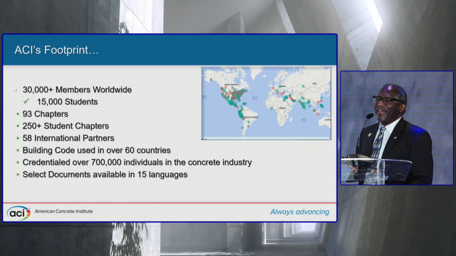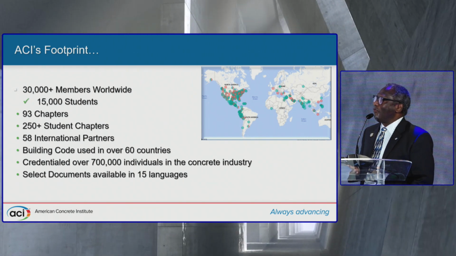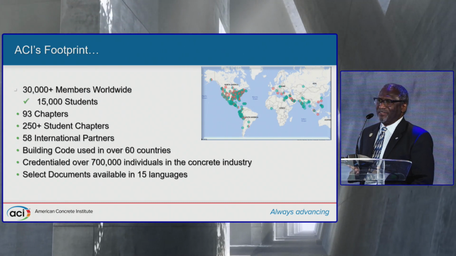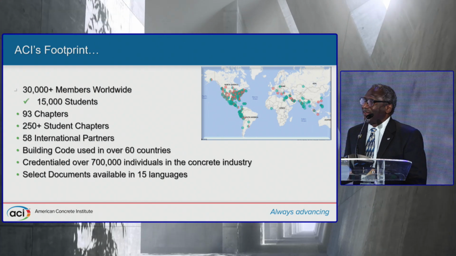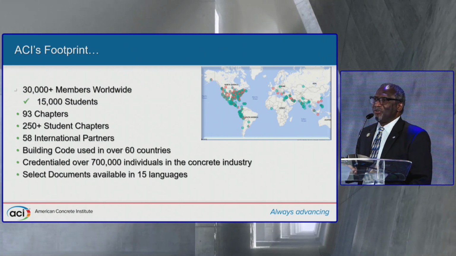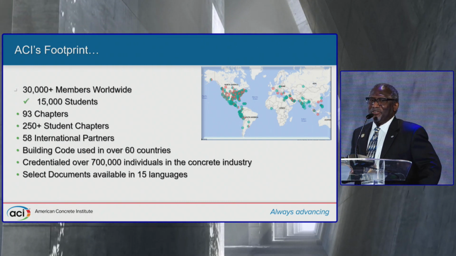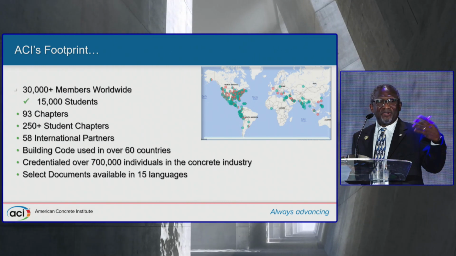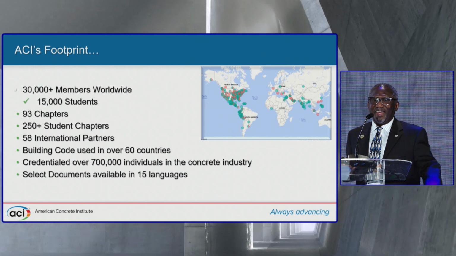ACI has over 30,000 members worldwide, and we also have over 15,000 students. We have 93 chapters all over the globe, and also over 250 student chapters. So for me, this week, it's been very refreshing seeing all your students over here competing and so on.